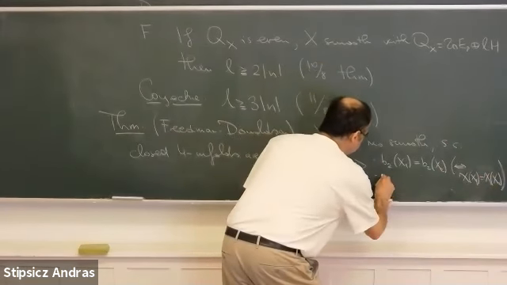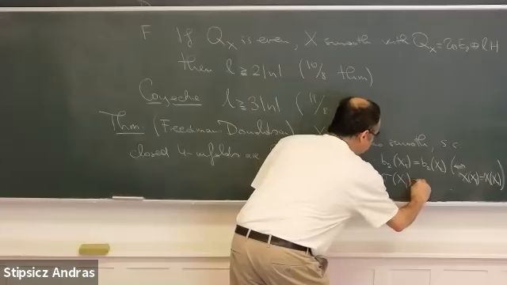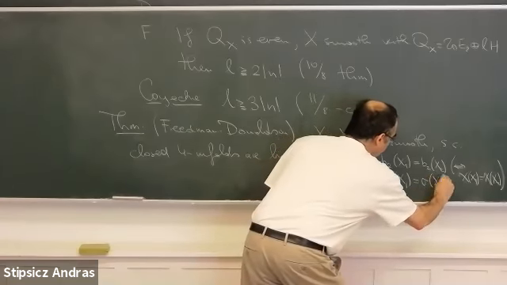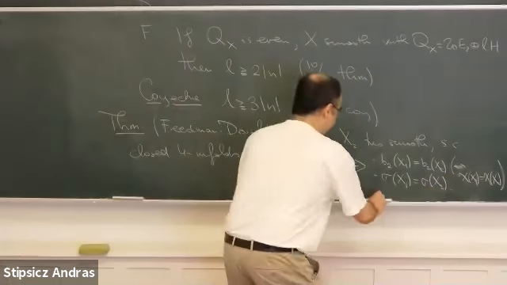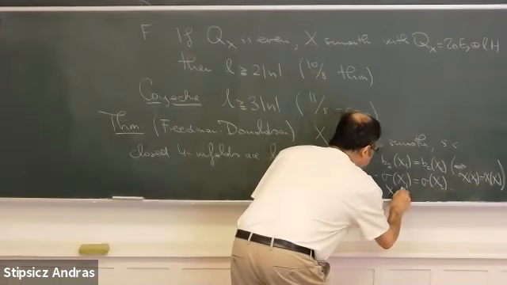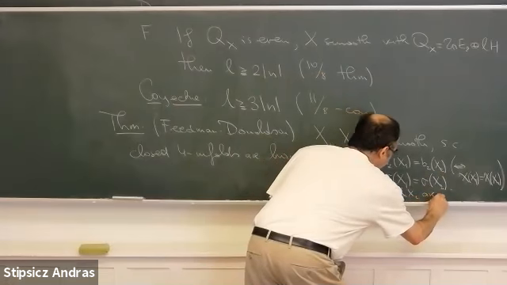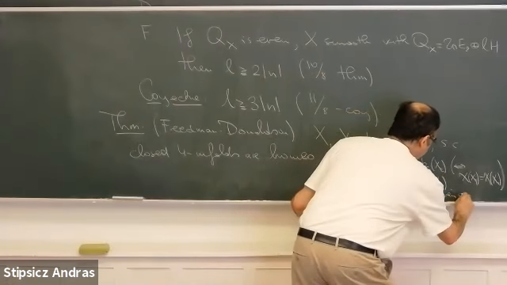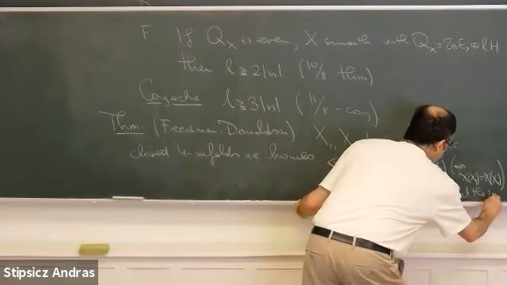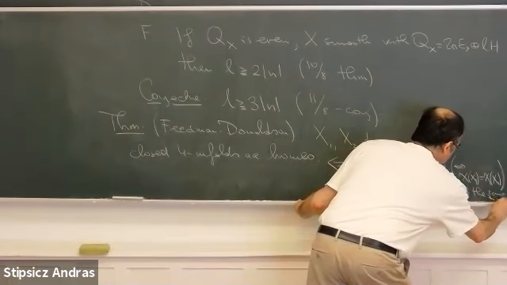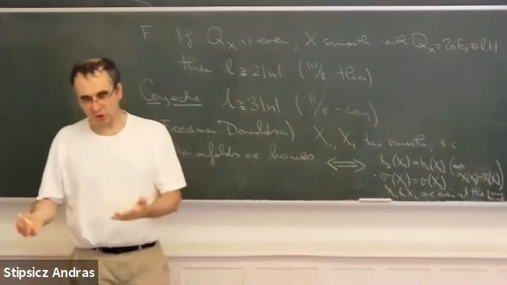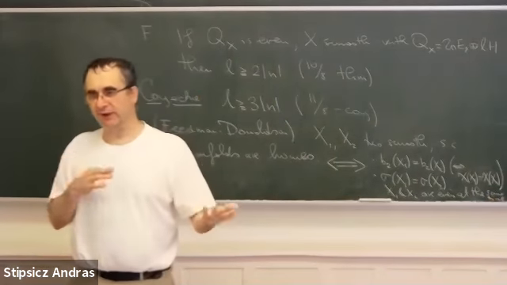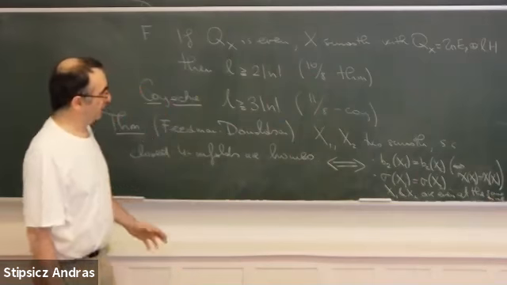The second is that the signatures should be the same. And they have the same type: either both are even or both are odd. Shortly, their type, the evenness or oddness, is the same.